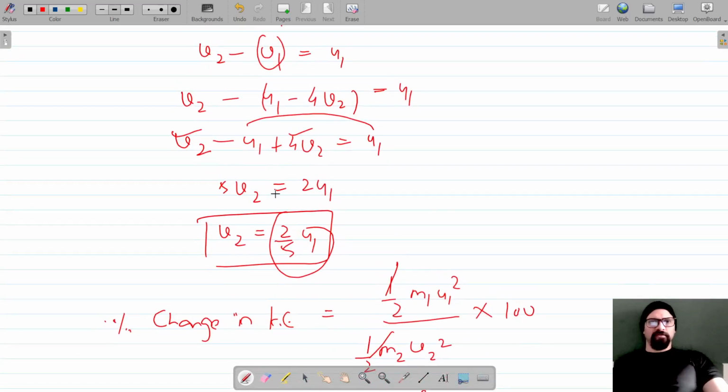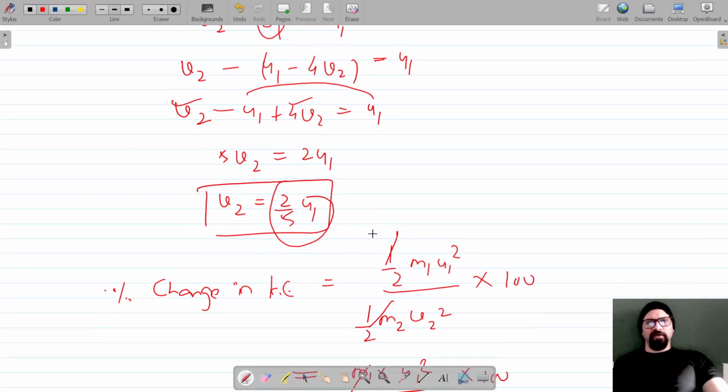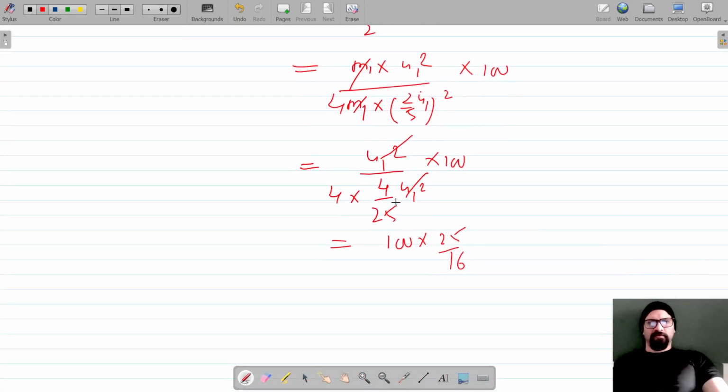Square of v2 is 4 by 25 u1 square, and 4 into 4 is 16, so this is 25 by 16.